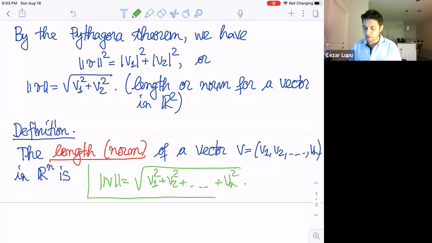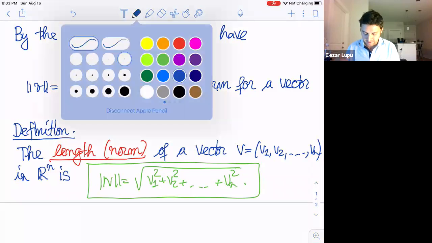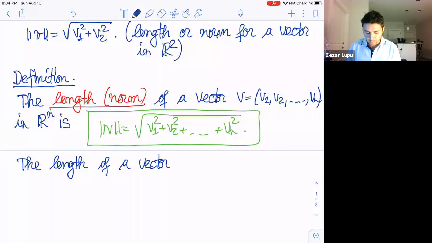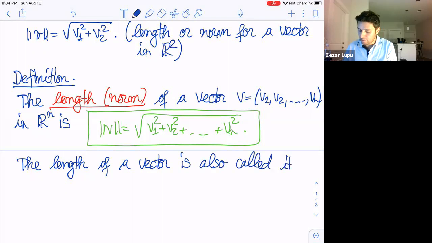So that's the formula that you see here. Sometimes the length, the norm, is even called the magnitude. Let's mention this: the length of a vector is also called its magnitude.